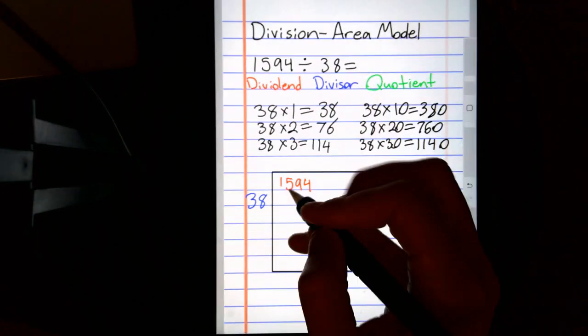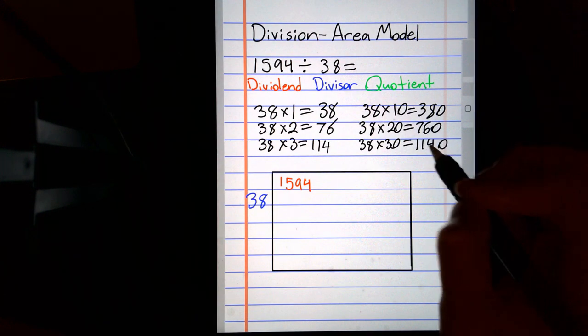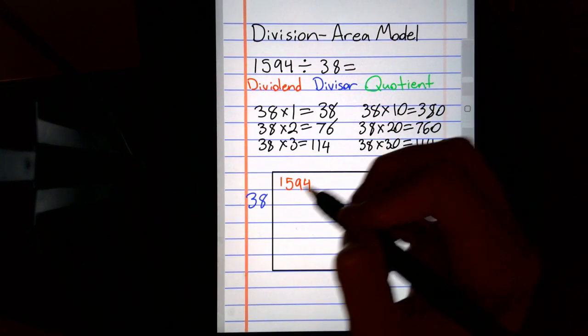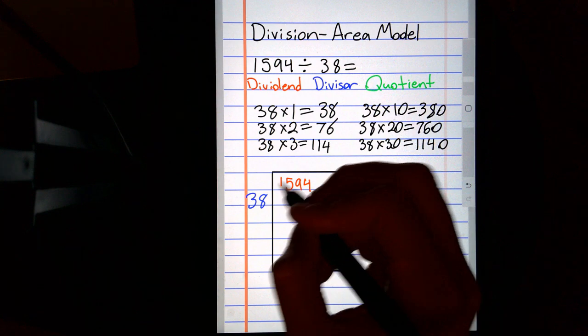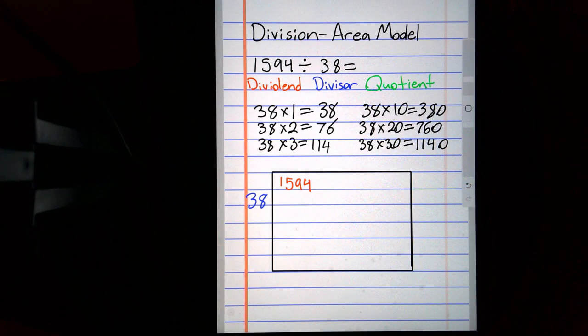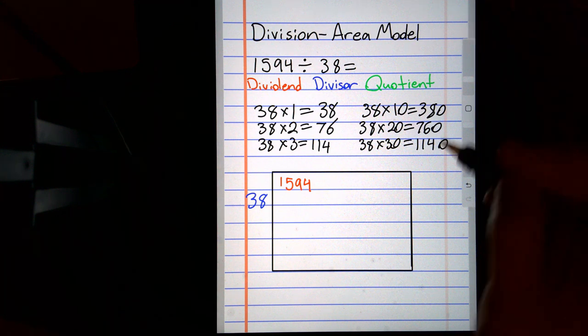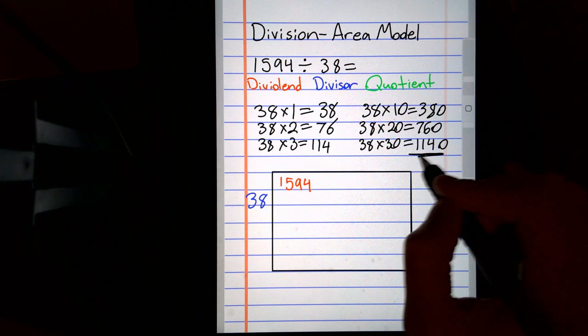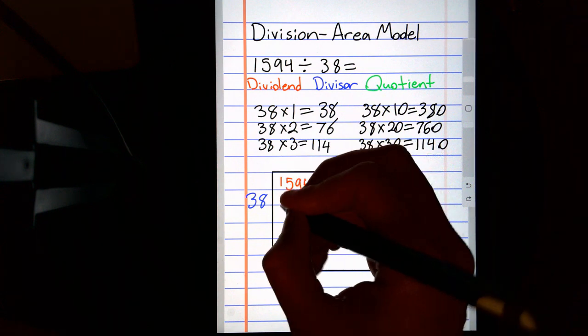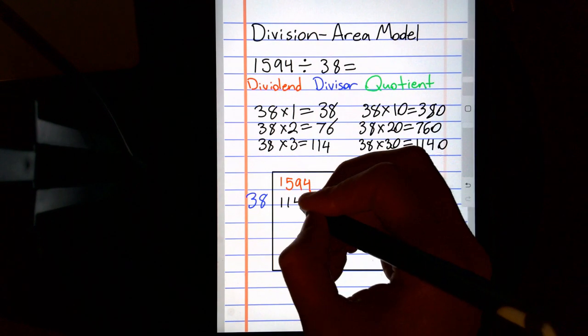So, what of these numbers can we take away from our dividend to start us off with? We always want to try and take away as large a chunk as possible. Because of that, our largest number is this 1,140. So we're going to go ahead and add that in right here.